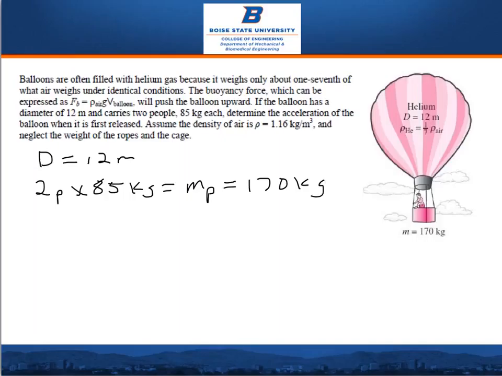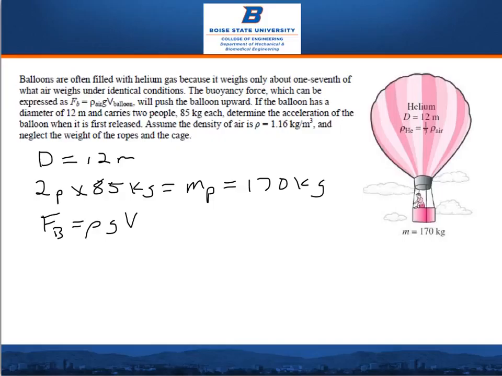The first thing we want to figure out is the buoyancy force, or Fb, which, as stated, is equal to density times the gravitational acceleration times the volume of the balloon. The density of helium was given to be 1/7 the density of air, which was 1.16 kilograms per cubic meter.